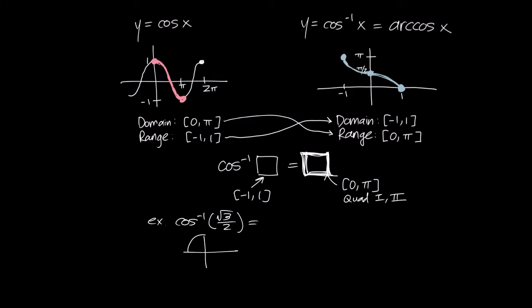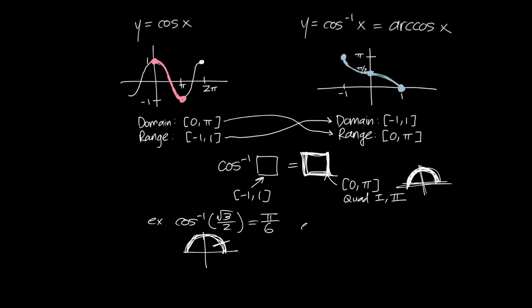Well, here are quadrants 1 and 2. This is how people like to show it, by just drawing the upper half of the unit circle. All right, so where in this upper half of the unit circle is cosine root 3 over 2? Well, over here at pi over 6.